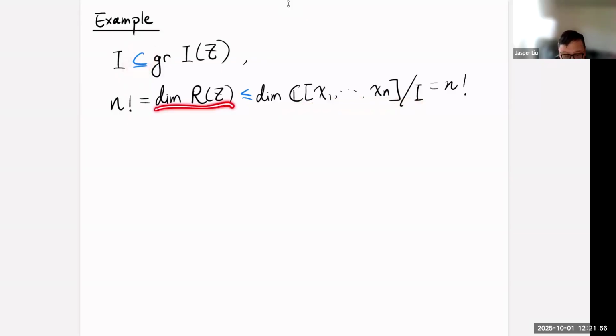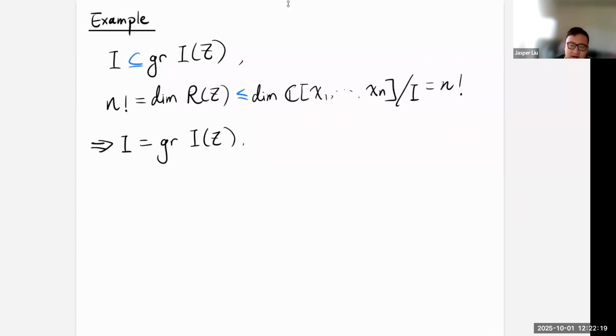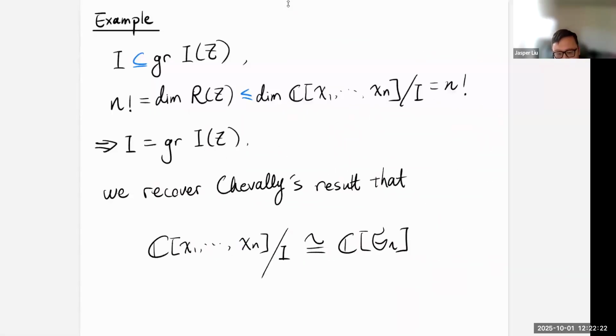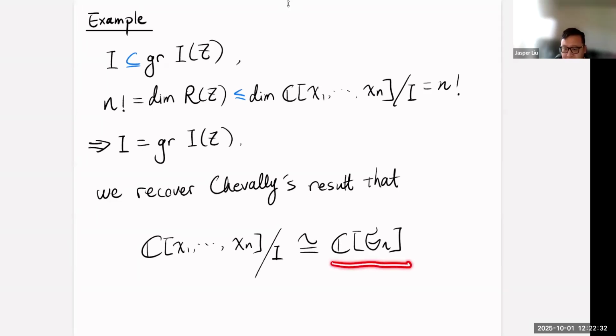This orbit harmonics quotient is a quotient by a larger ideal, so it should have a smaller dimension. But we also know the coinvariant ring also has dimension n factorial, which forces these two to be actually equal. That means the coinvariant ring is exactly the orbit harmonics quotient of the locus of points, which is then isomorphic to the regular representation.